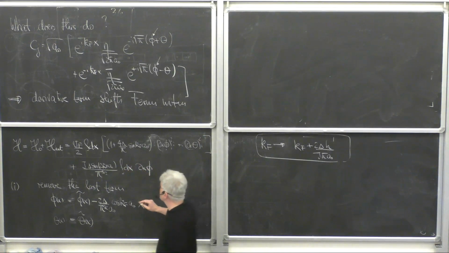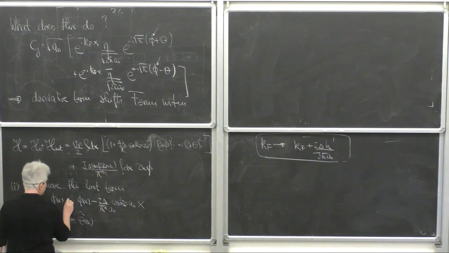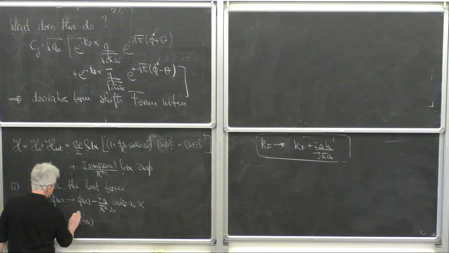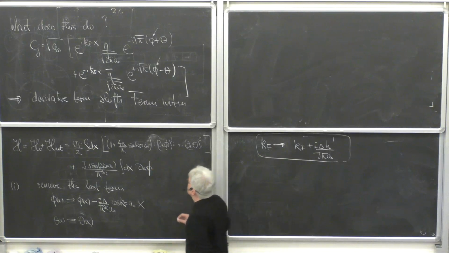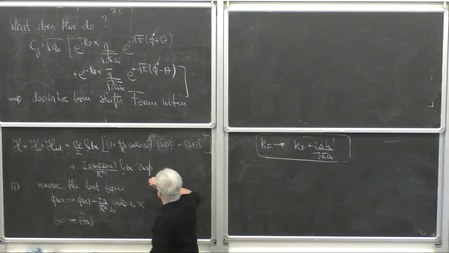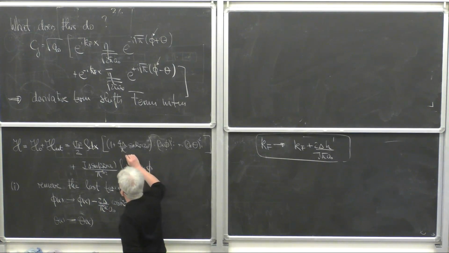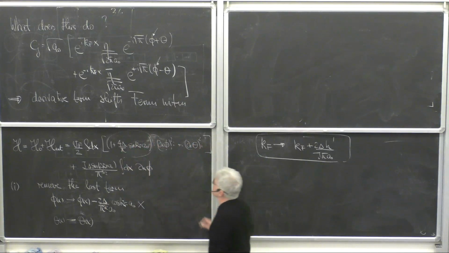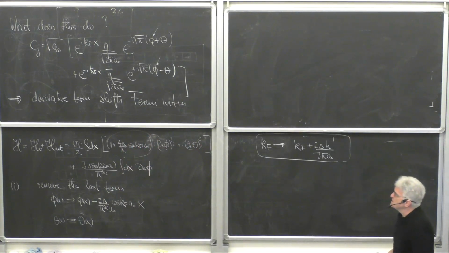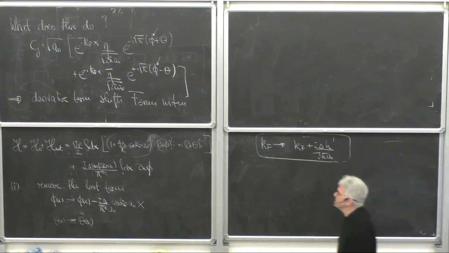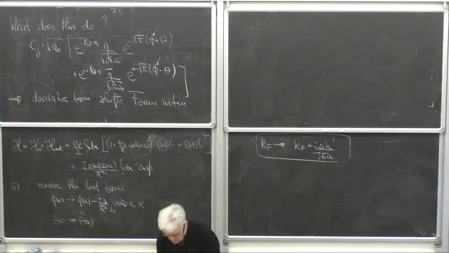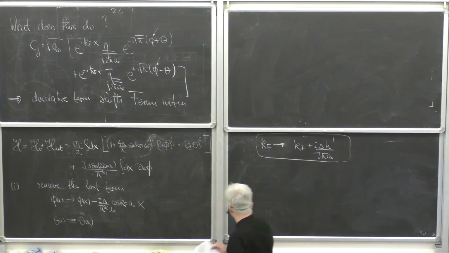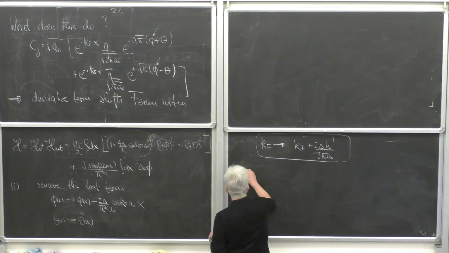So it's no longer there. Now this term is gone after this field redefinition, and here we have essentially a free compact boson, but we have this extra factor here, which we would like to remove, so we remove it by another field redefinition or canonical transformation.